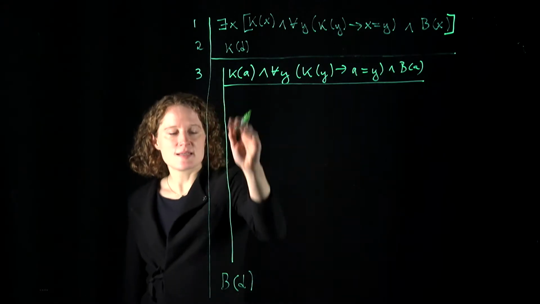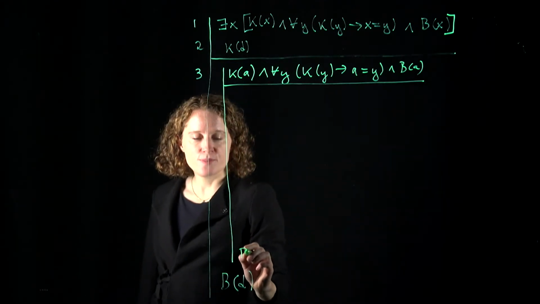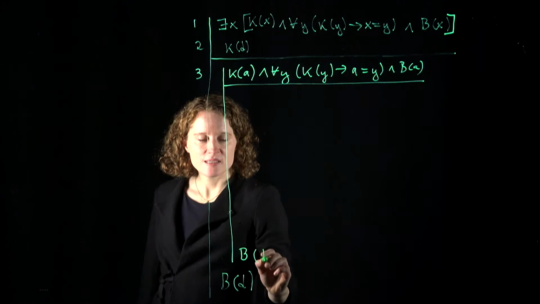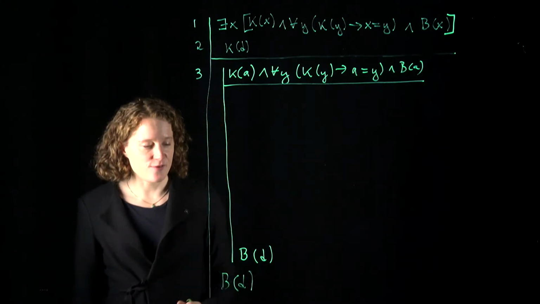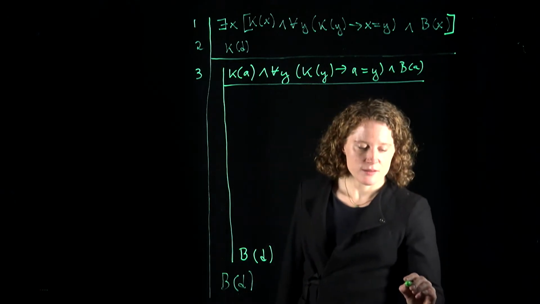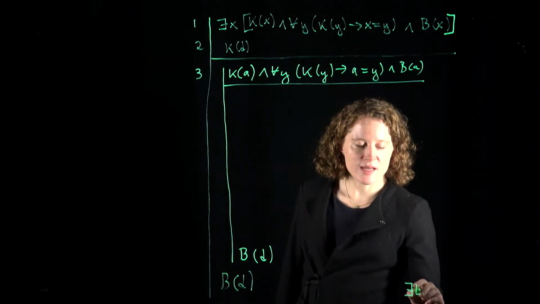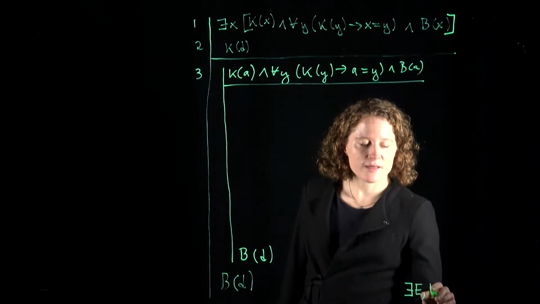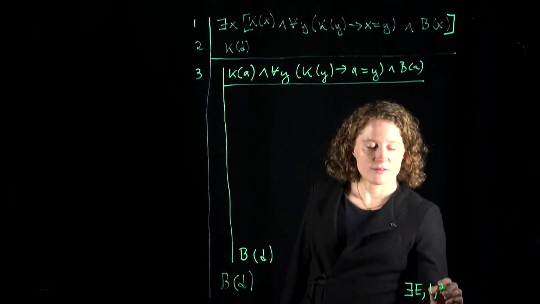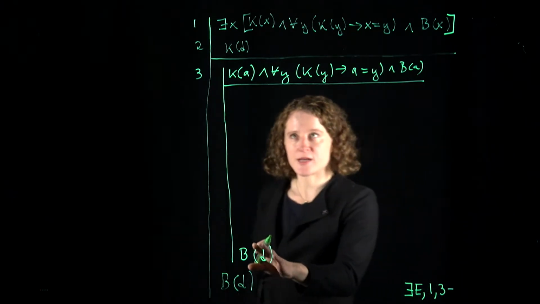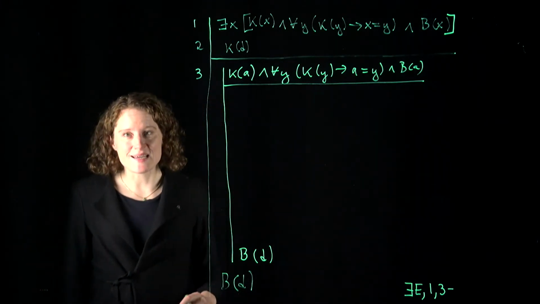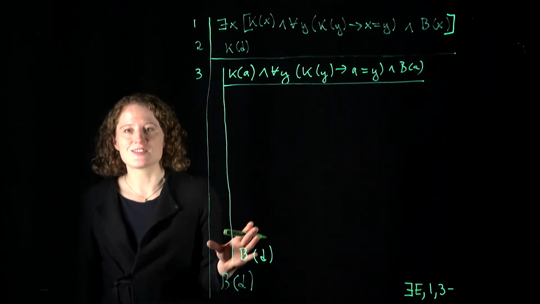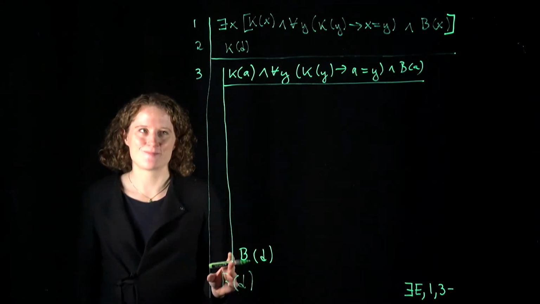And from this assumption, I now want to prove BD, since if I'm able to prove this, then I'm licensed to infer BD down here using existential elimination, citing line 1 and the subproof from line 3 to somewhere else. Okay, so this is my basic proof setup, and my basic proof strategy is suggested by forward planning.